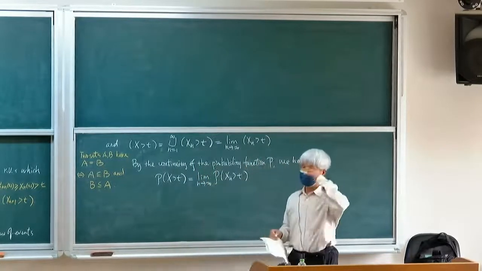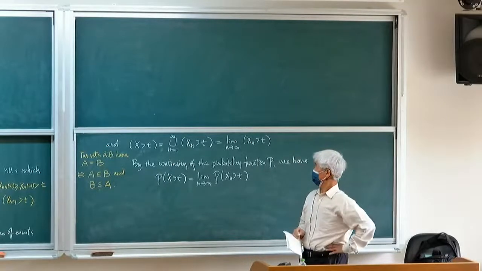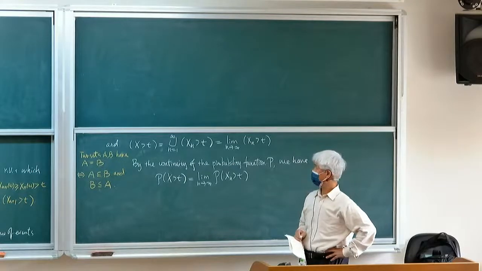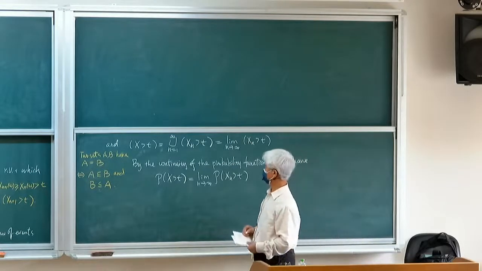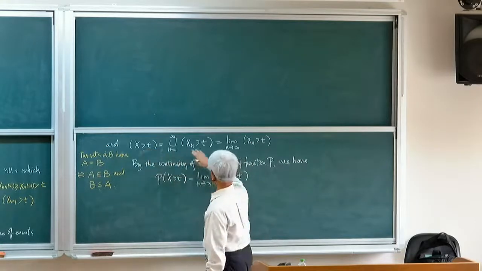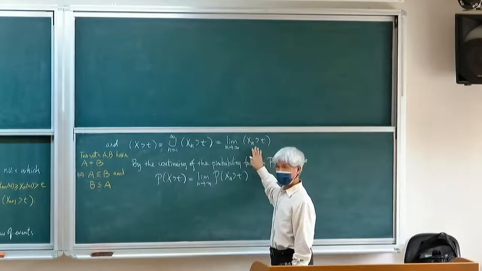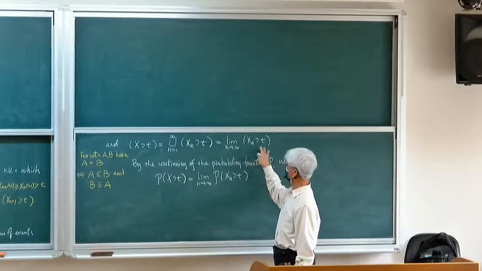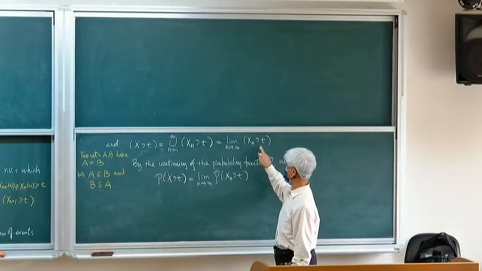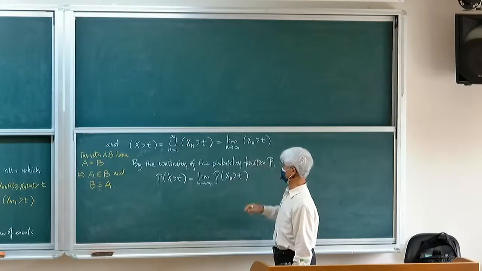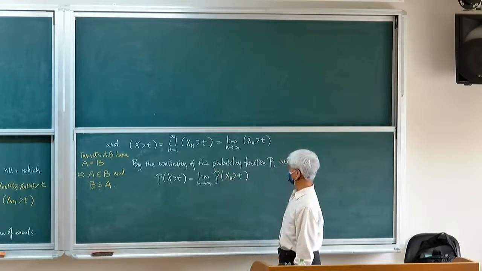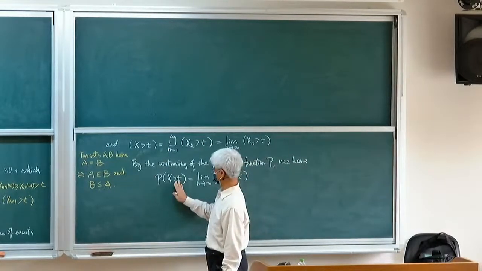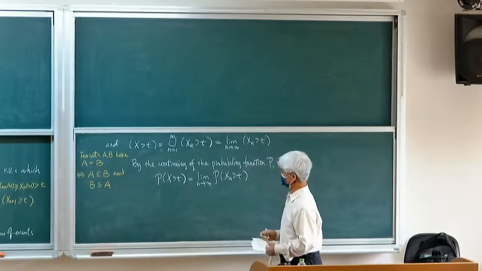So that is from the continuity of the probability function. If this event is the limit of this monotone increasing sequence of events, then the probability of this event is equal to the limit of the probabilities of the sequence of events. So you can regard this as a function of t, and this is also a function of t.